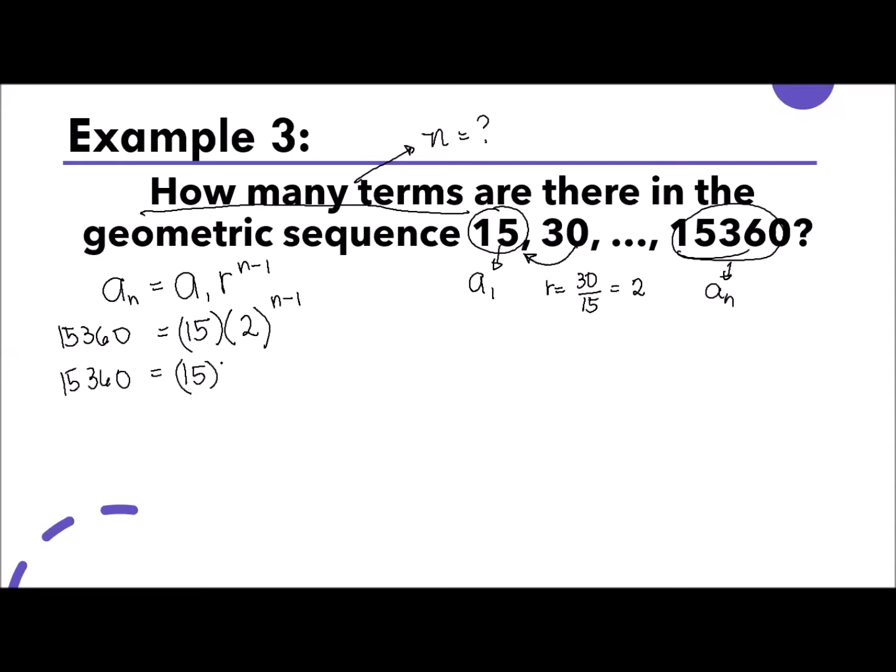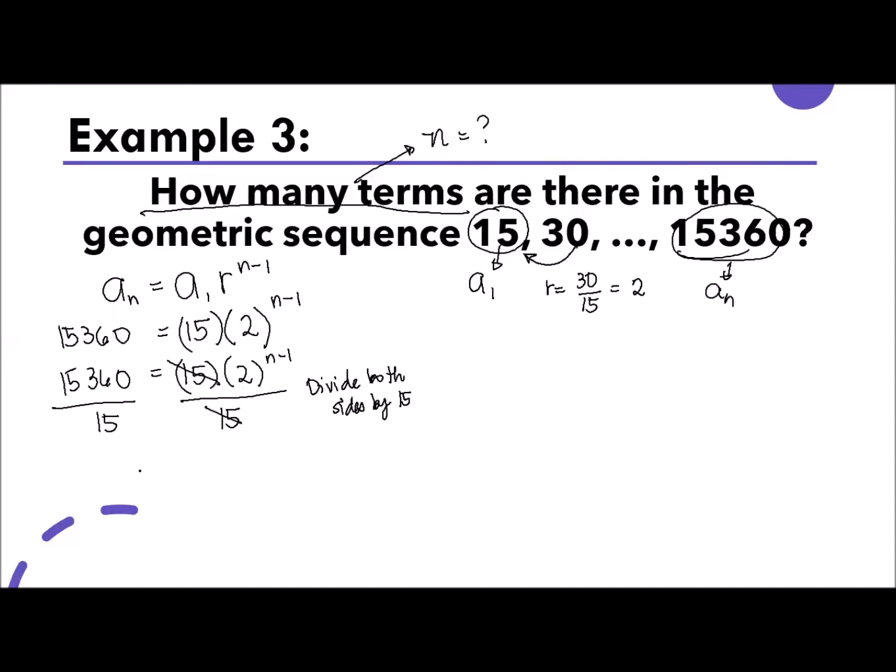Okay, let me write it clearly with you. So divide both sides by 15. To simplify, so we're going to cancel it now. So using your calculator, what is 15,360 divided by 15?